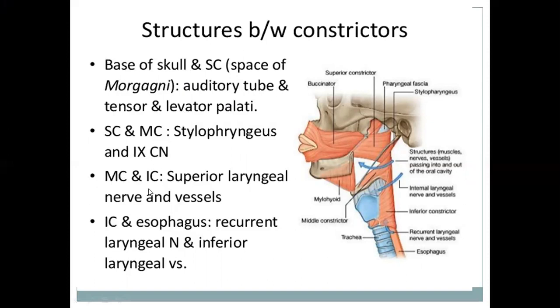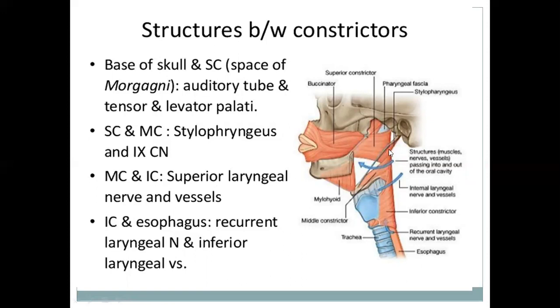Between the middle constrictor and inferior constrictor, the superior laryngeal nerve and vessels will enter. Okay? So this is the side, this is the middle constrictor, and this is the inferior constrictor. This is thyropharyngeus. Here, internal laryngeal nerve and vessels will enter. So this is stylopharyngeus along with the glossopharyngeal nerve between the superior constrictor and the middle constrictor.